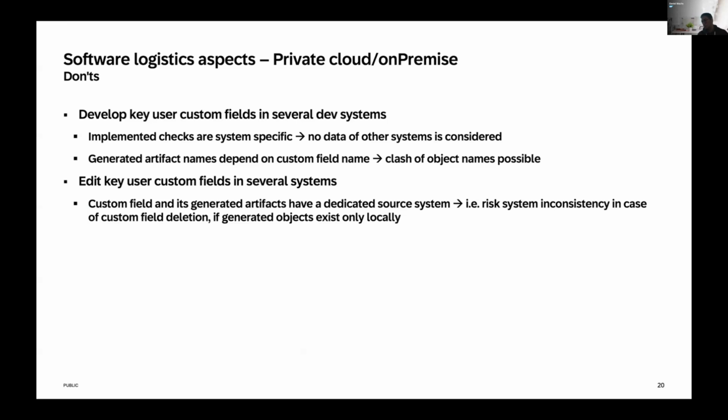Trying to do this when you have more than one, and transporting key user items between development systems, is not a good idea. You should not do this, because we implemented a lot of checks which should ensure system consistency, but it's only valid inside one system. So we cannot check other systems and ensure that it's still guaranteed.